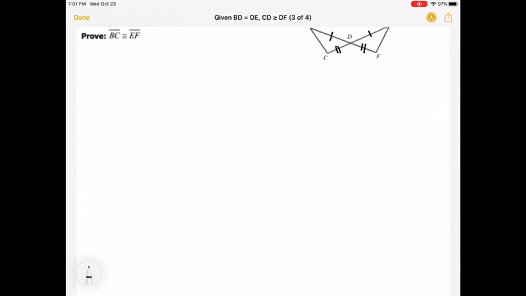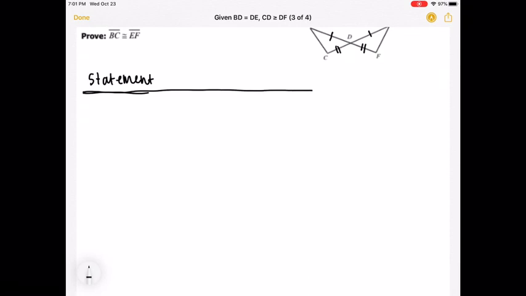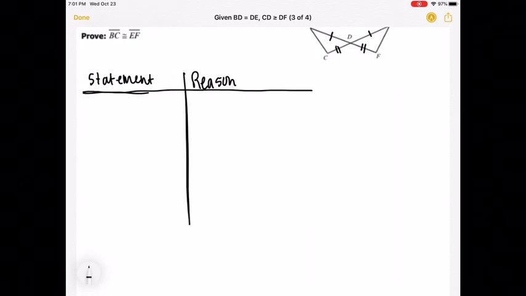And we're trying to prove that BC is congruent to EF. So set up your columns. First thing, can we find anything else now?